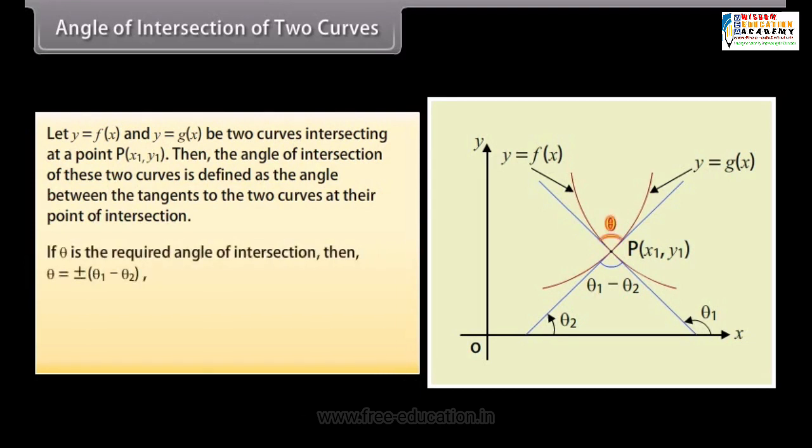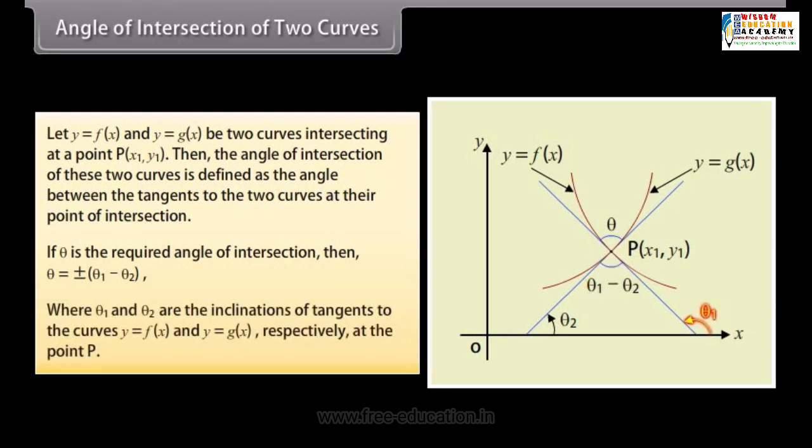If theta is the required angle of intersection, then theta = ±(theta1 - theta2), where theta1 and theta2 are the inclinations of tangents to the curves y = f(x) and y = g(x) respectively at the point P.